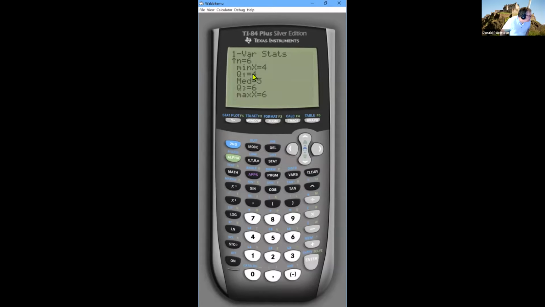The range is 6 take away 4, the max take away the min. So the range is 2. And the interquartile range, well, that's Q3 take away Q1. And that is 6 take away 4, and that is also 2.